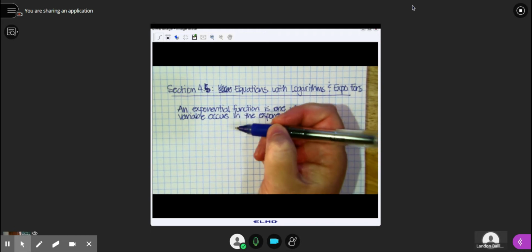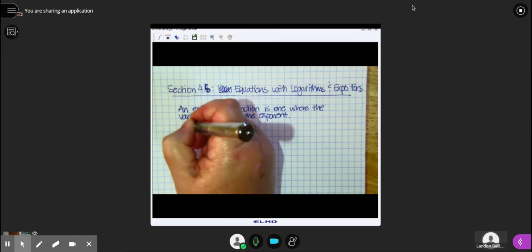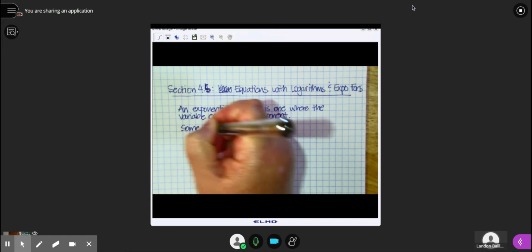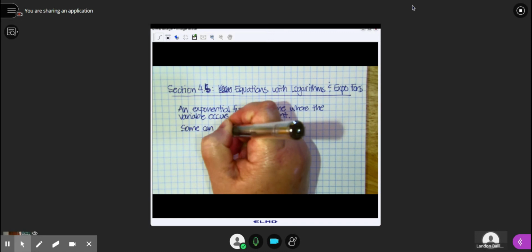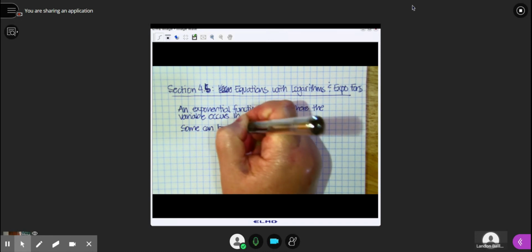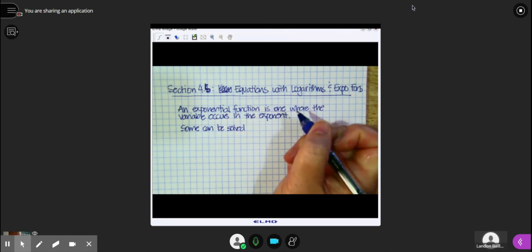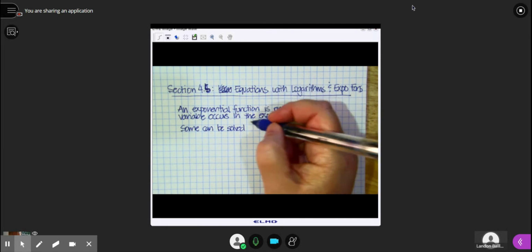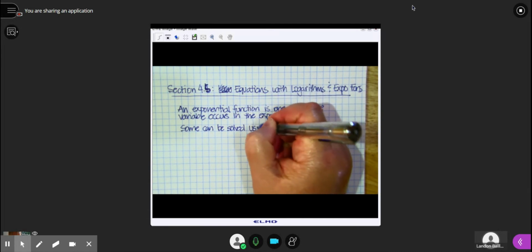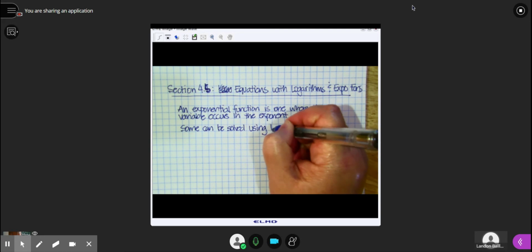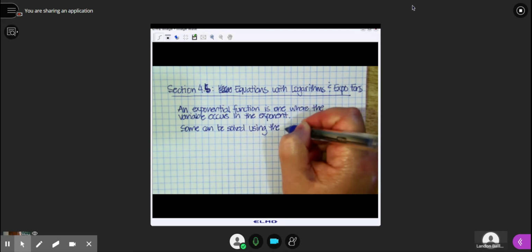All right. Now, some of these can be solved. Not all, some can be solved, using the fact that exponential functions are one-to-one.